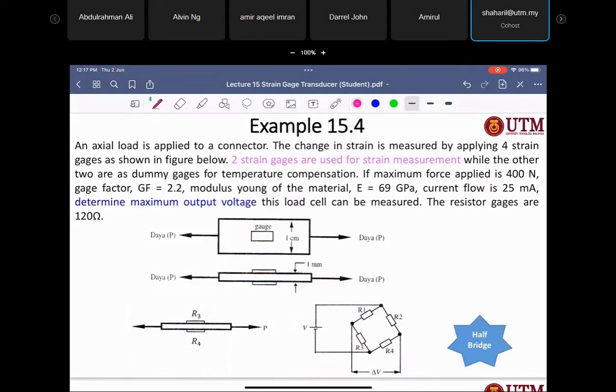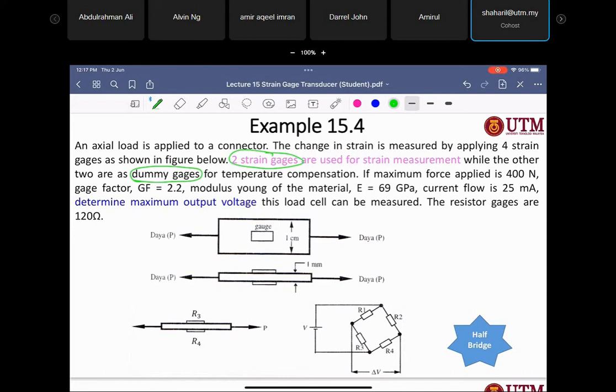Two strain gauges are used for strain measurement. Only two, that means only two strain gauges are active, while the other two are dummy strain gauges for temperature compensation.